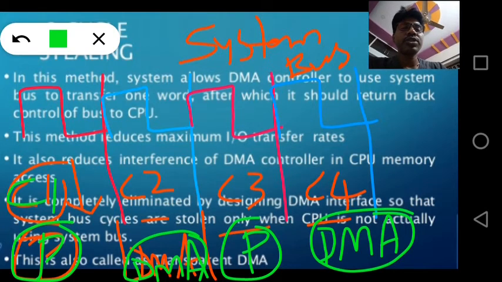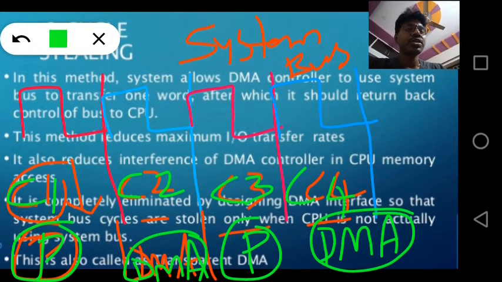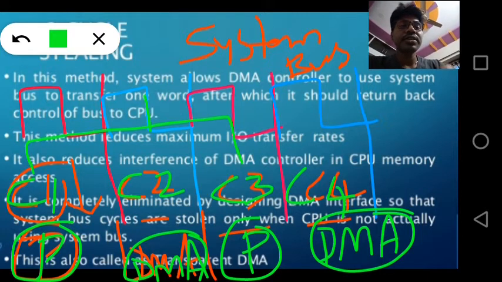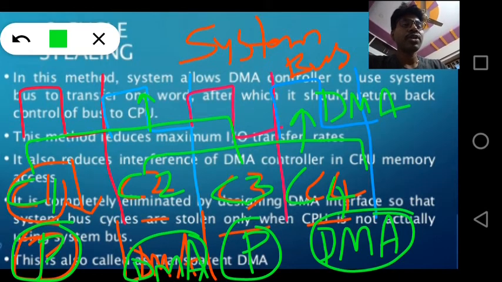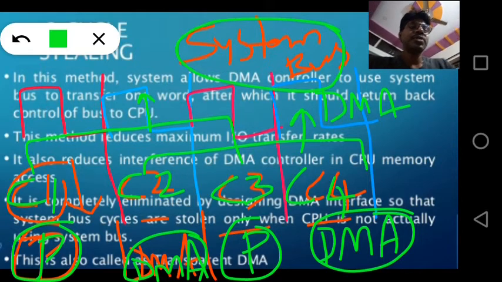So in cycle 1 processor, cycle 2 DMA, cycle 3 again processor, cycle 4 again DMA. So on alternate cycles, cycle 1 and cycle 3, the CPU is getting, and cycle 2 and cycle 4, the DMA is getting the control of the system bus. So this is about the cycle stealing method.